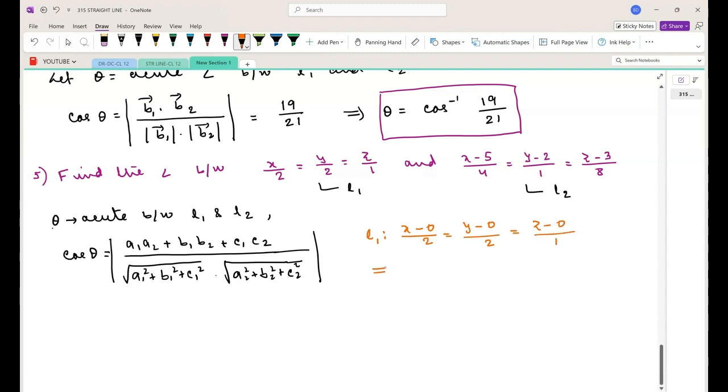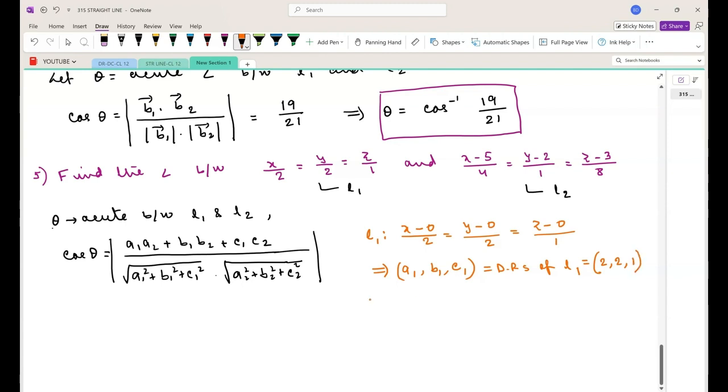That means the direction ratios of the first line, let us call them A1, B1, C1, are 2, 2, 1.